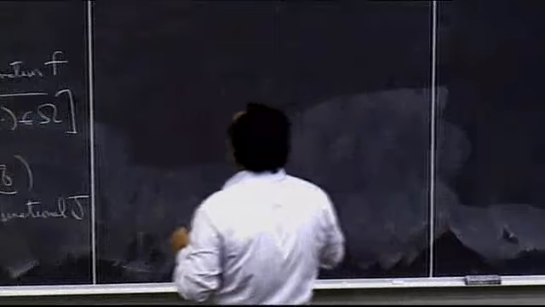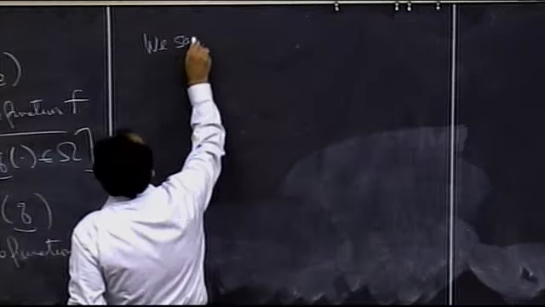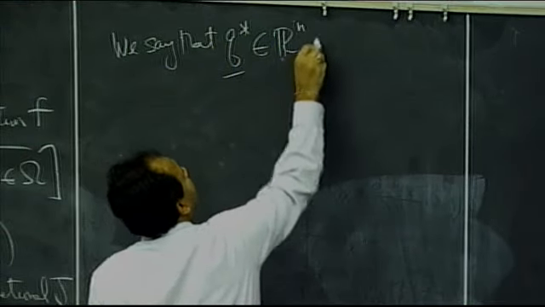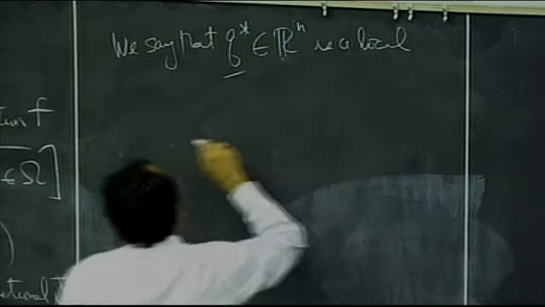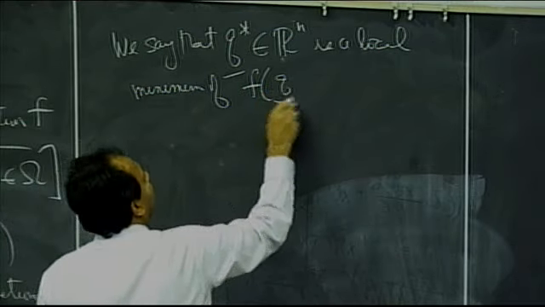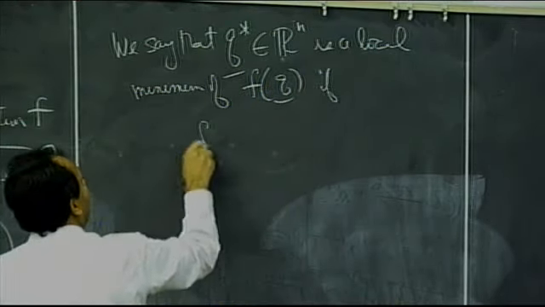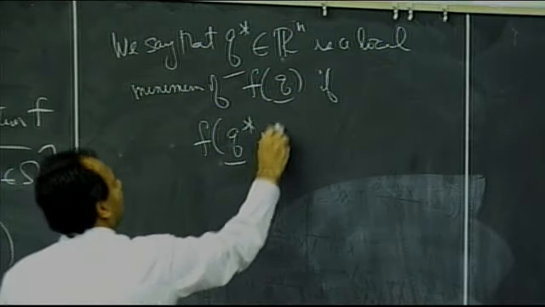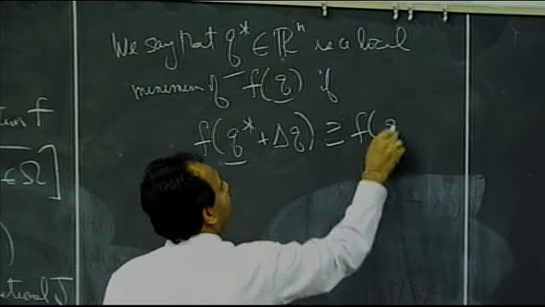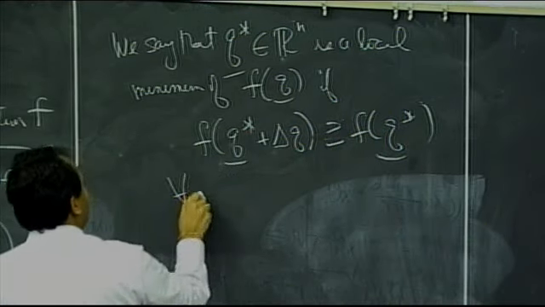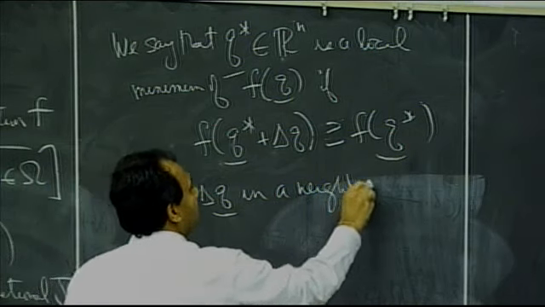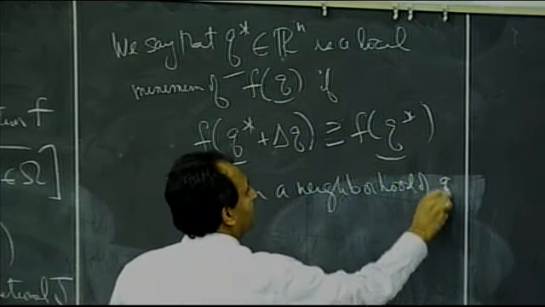So if I found a minimum of a function, we say that q star, which is an element of R^n, is a local minimum of f of q if the following is true. f of q star plus delta q is greater than or equal to f of q star for all delta q in a neighborhood of q star.